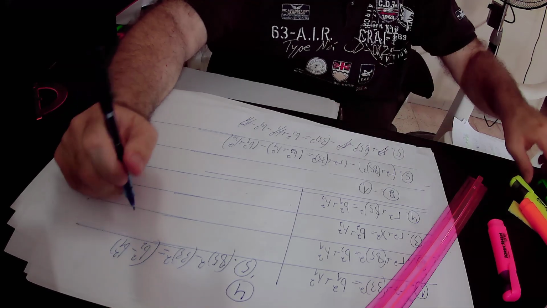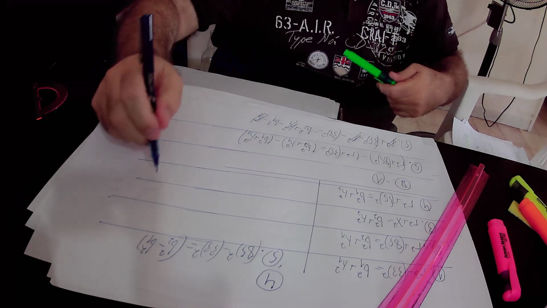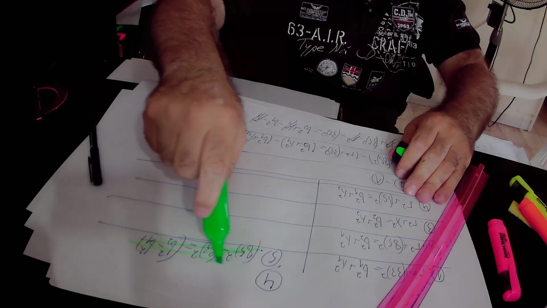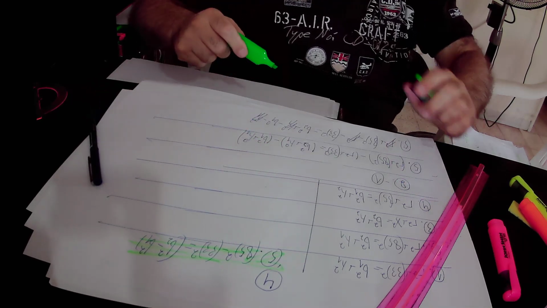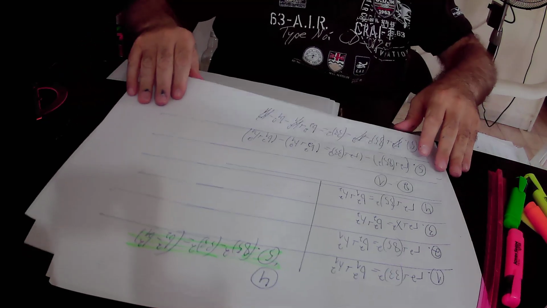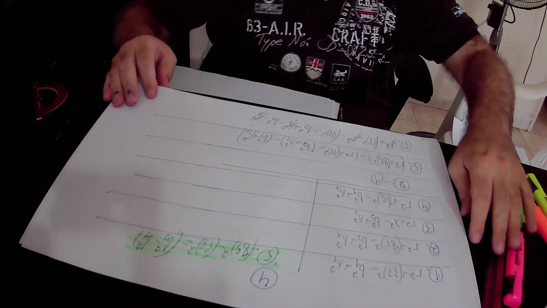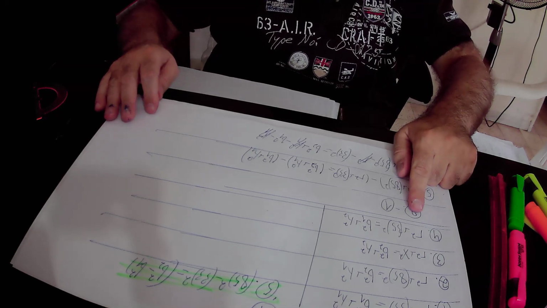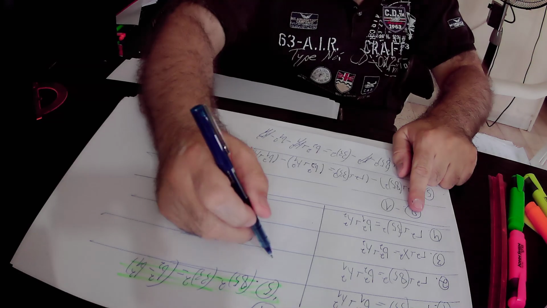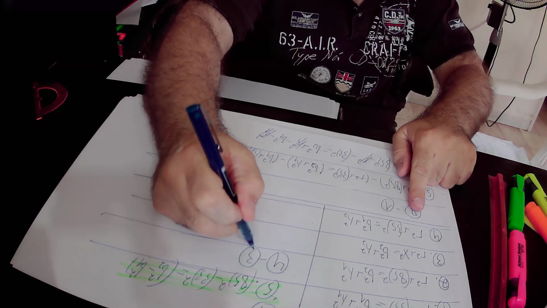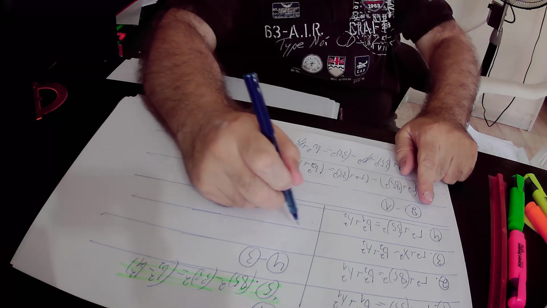In conclusion, we found out that according to equation number 5, 85 squared minus 33 squared equals B2 squared minus B1 squared. In the next step, we'll subtract equation number 3 from equation number 4. So it is 4 minus 3. In this way, we'll create equation number 6.